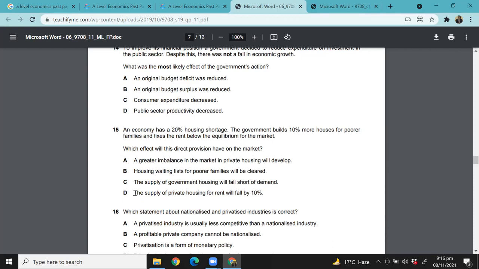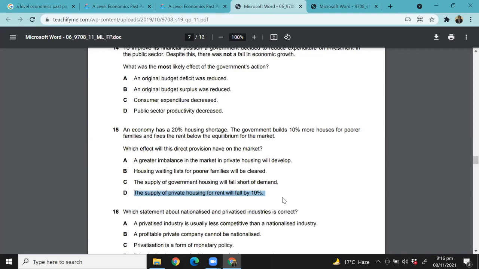Now, this is counterintuitive. If government is providing 10% more homes and there's still a shortage, the statement says that the supply of private housing for rent will fall by 10%. The supply doesn't fall, right? It will not fall, it will stay where it is.